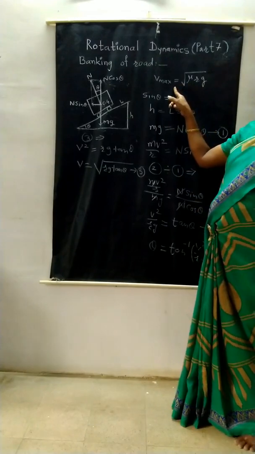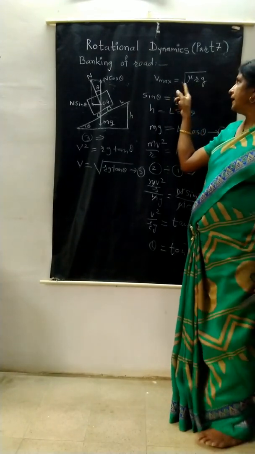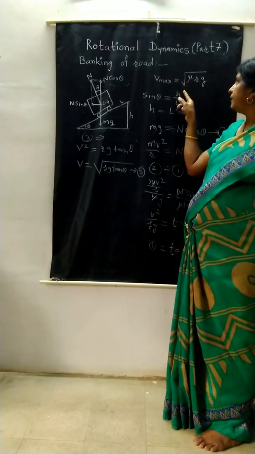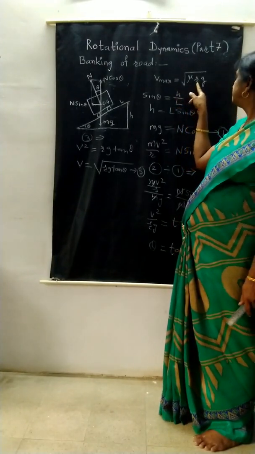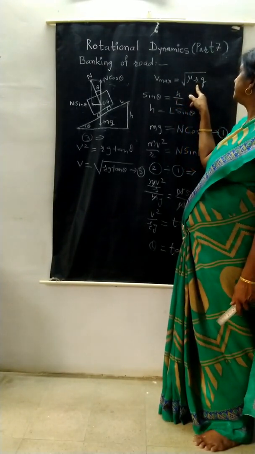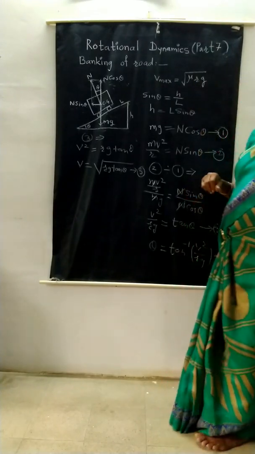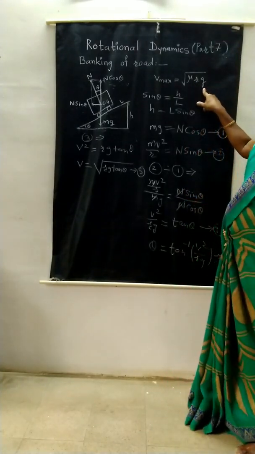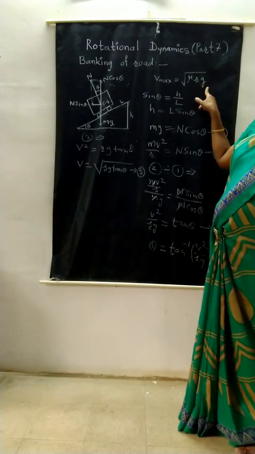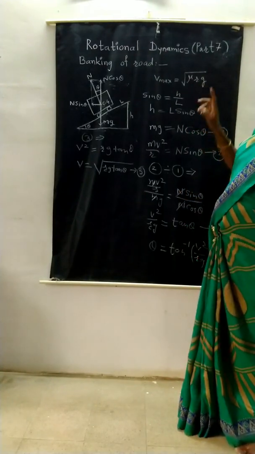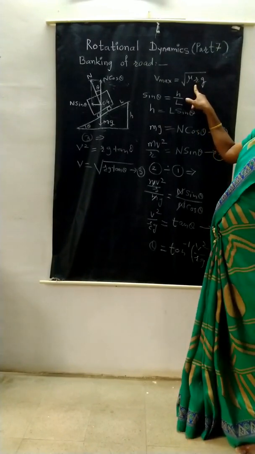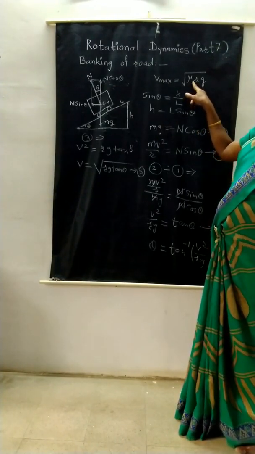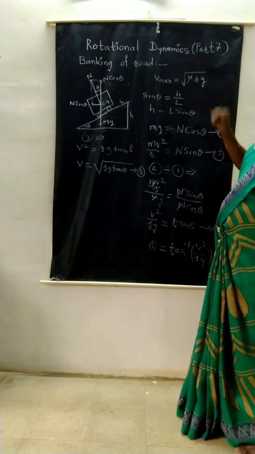In this equation, mu is the coefficient of static friction, r is the radius of curvature of the road, and g is acceleration due to gravity. This r depends on the situation where the road is being constructed.